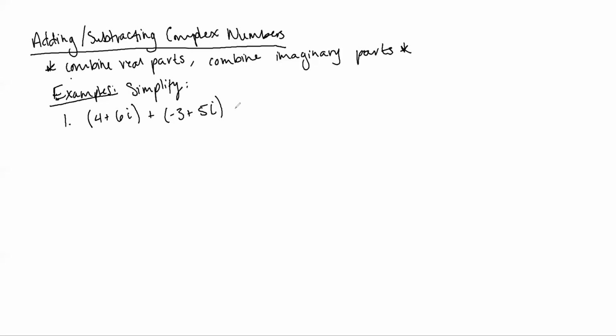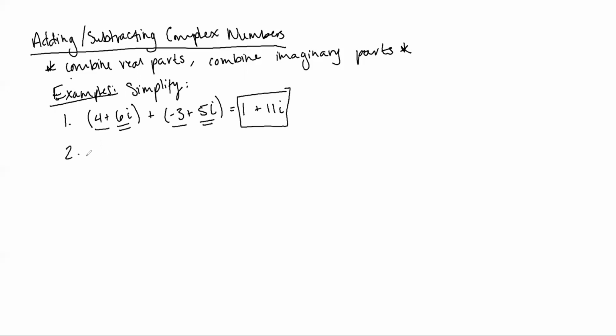And so what we're going to do, we're not going to get rid of these parentheses. That's just saying we have one complex number and another complex number. We are adding them together. So let's go ahead and combine like terms. So we have the 4 plus -3 is 1. 6i plus 5i, just like variables, we get 11i. And that is all we have to do for these, just combine like terms and we're done.